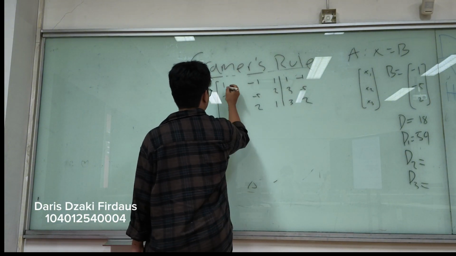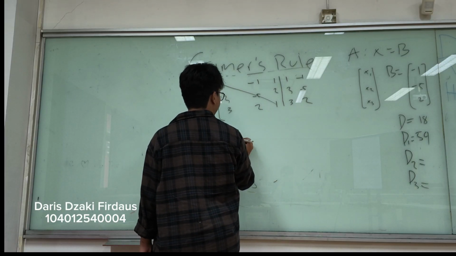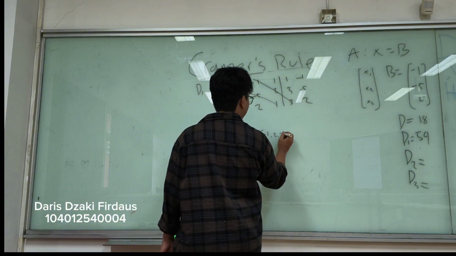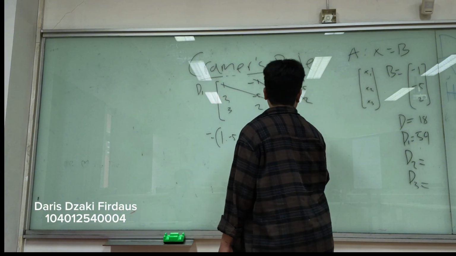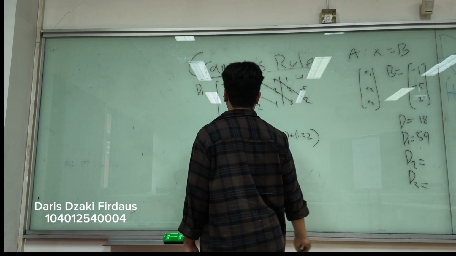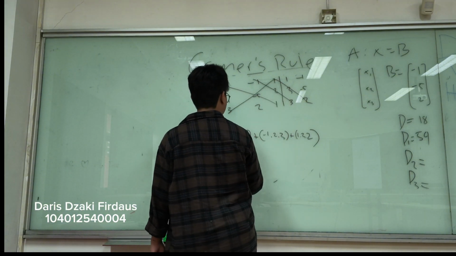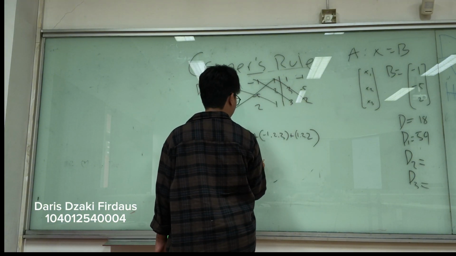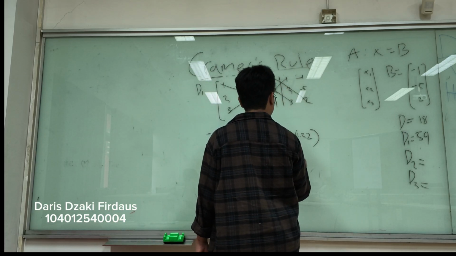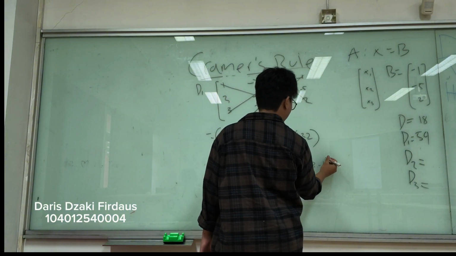Then we get 1 times by minus 5 times by 1 plus by minus 1 times by 2 times by 3 plus 1 times 3 times 2. And then minus 3 times minus 5 times 1, minus 2 times 2 times 1, minus 1 times 3 times minus 1.